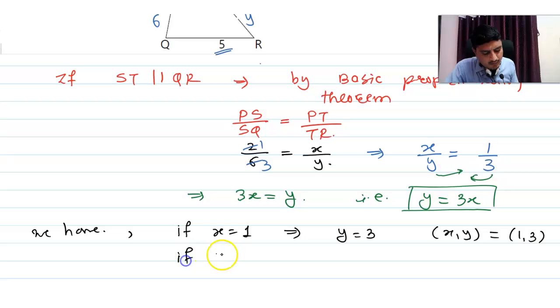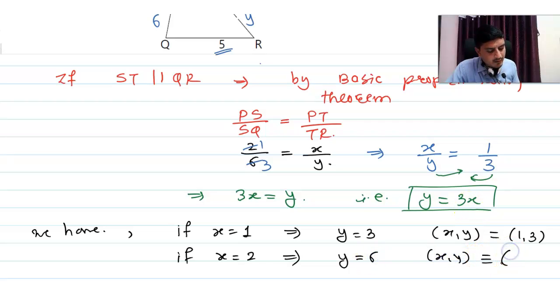And if we consider the value of X is 2, you may take any one integer value over here or any one real number, we get the corresponding value of Y. Once X is 2, three twos are 6. So the next pair X comma Y is 2 comma 6.